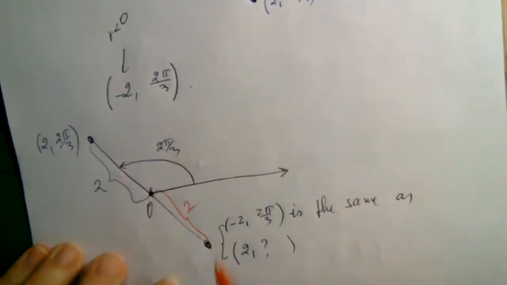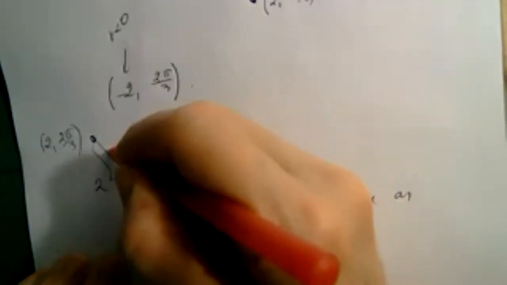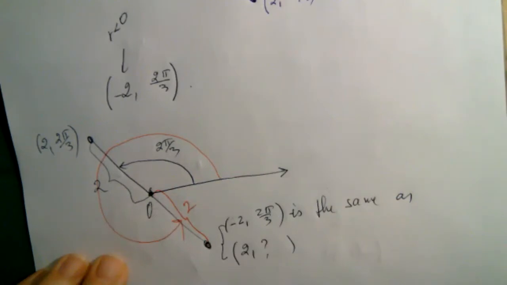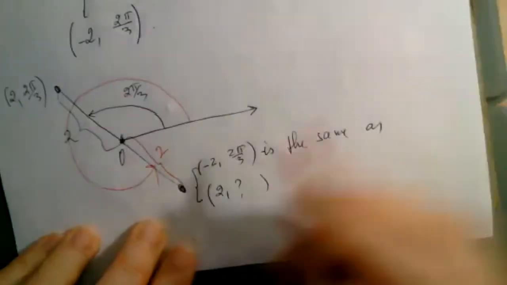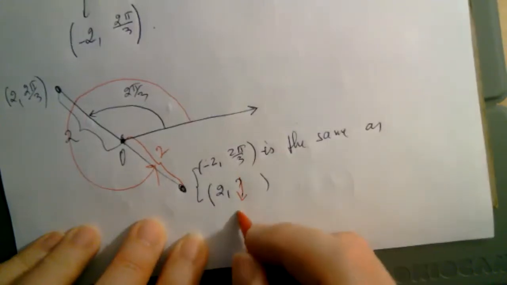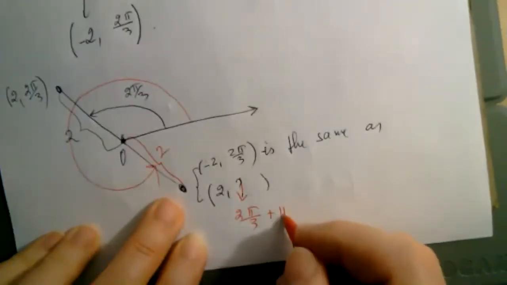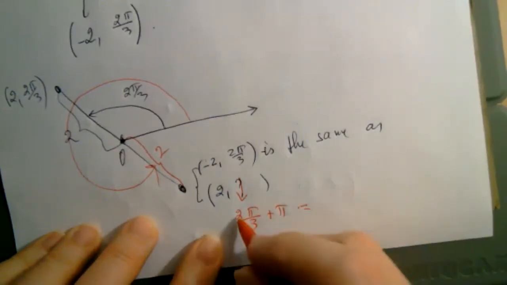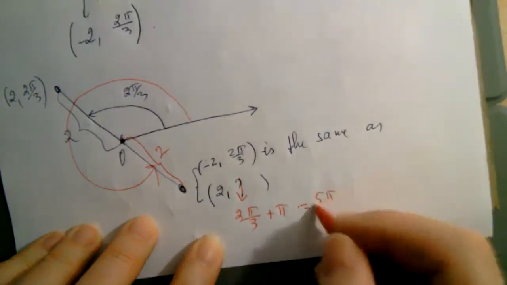I want to put 2 here, what should the angle be? The angle should be all the way plus pi. And so my angle should be, let me write it here, 2 pi over 3 plus pi. So that's really what it is. You're adding pi. So this will give me 2 pi plus 3 pi, 5 pi over 3.